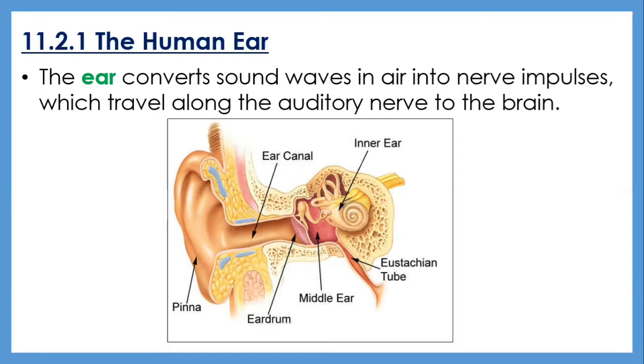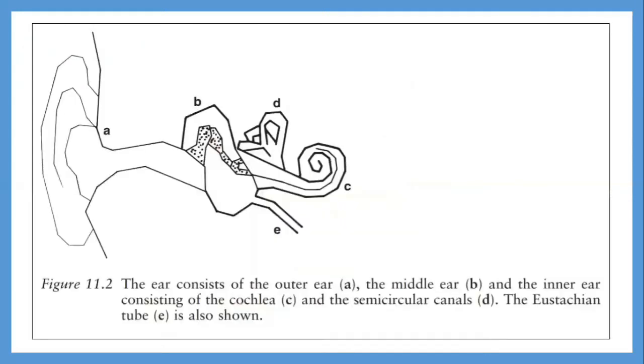A simplified diagram of the ear is presented in figure 11.2. As you can see in figure 11.2, it shows the composition of the ear.